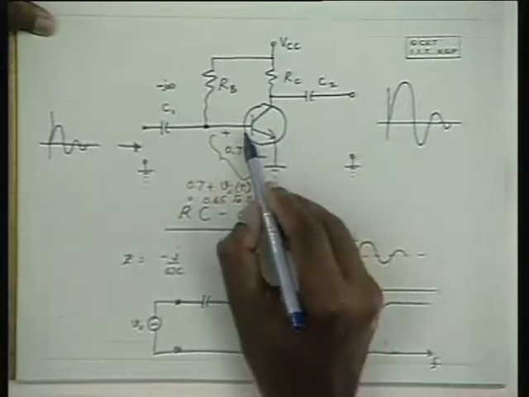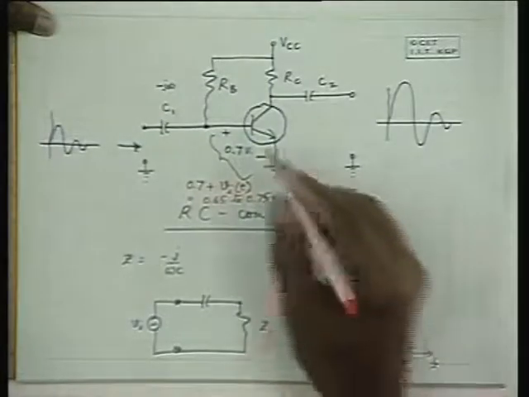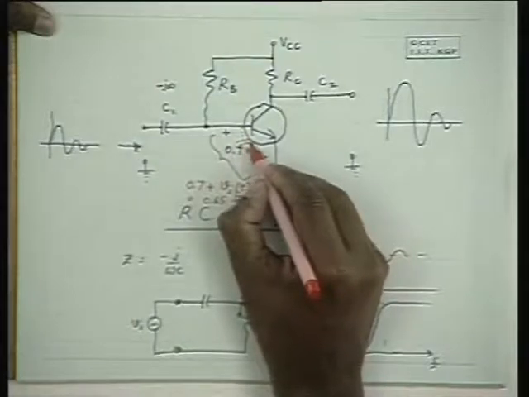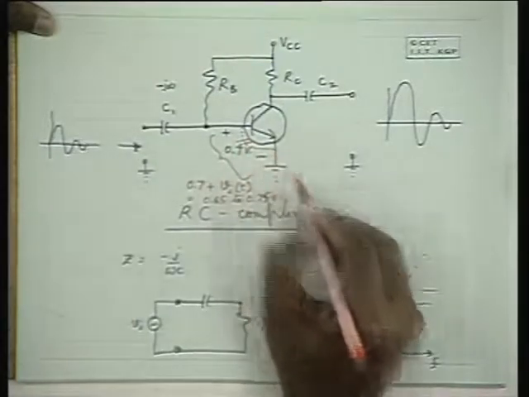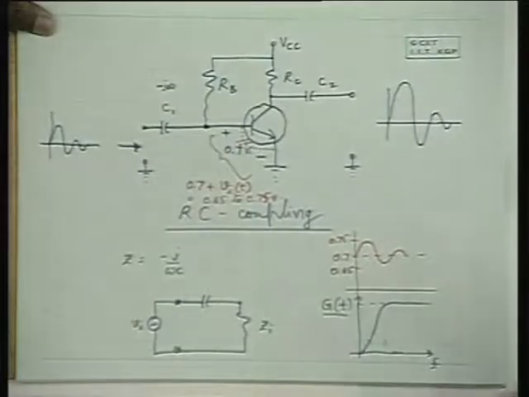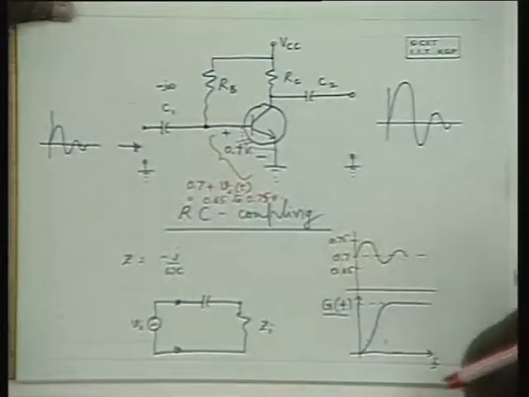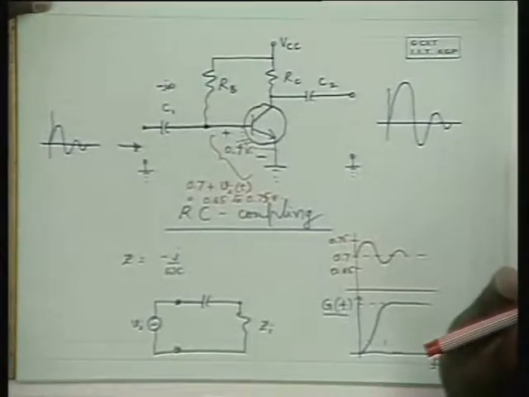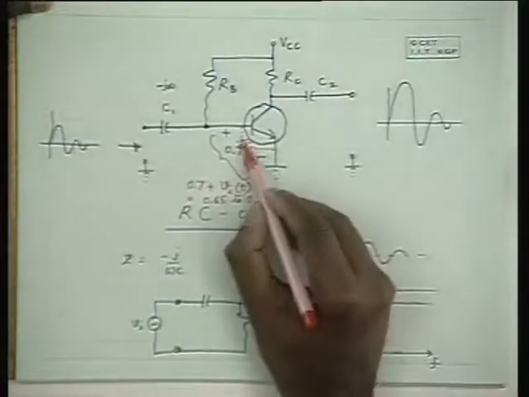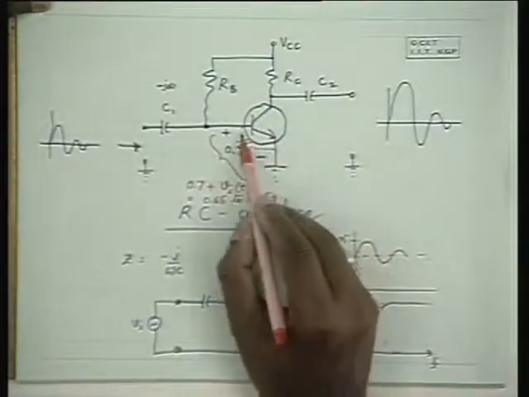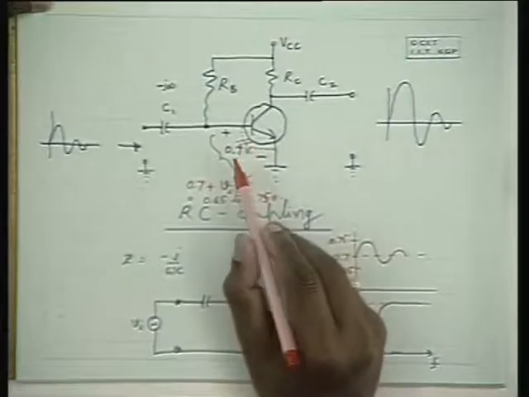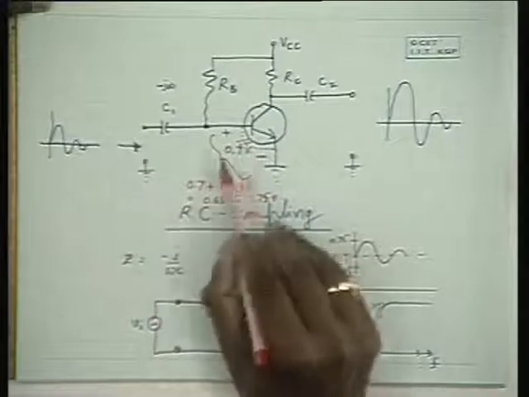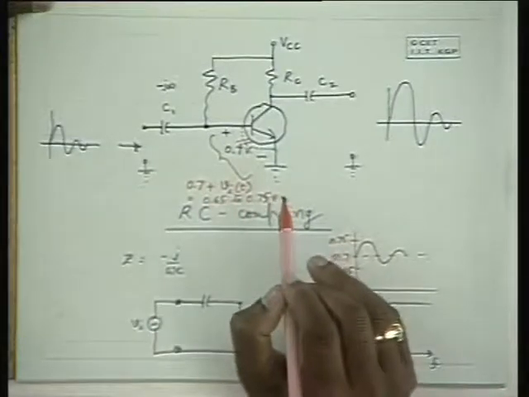But unfortunately, we have some junction capacitances which come into the picture, because of the charge storage and because the junction works on the principle of diffusion of charge carriers under voltage changes, so it exhibits some capacitance over here. And these capacitances are of the order of picofarads, and these are negligible at low frequencies, therefore we do not talk about them at low frequencies.